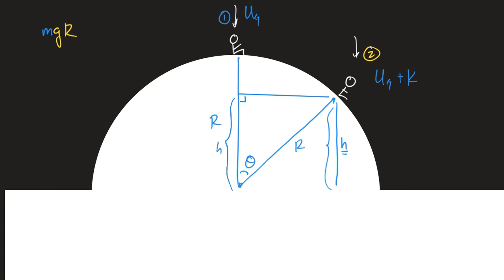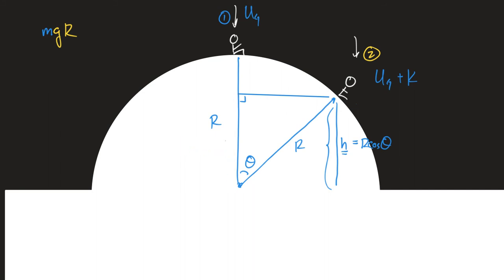So I'm just using a little bit of the old trigonometry and geometry to tell me that this h has got to be r cosine theta. It's the adjacent side of the triangle defined by the right angle and r. We all good? All right. So that means this is r cosine theta.